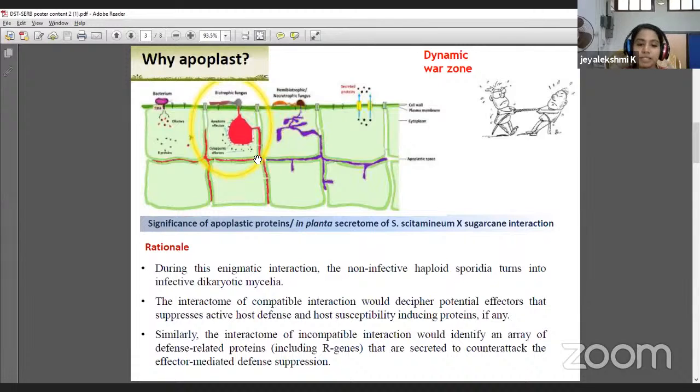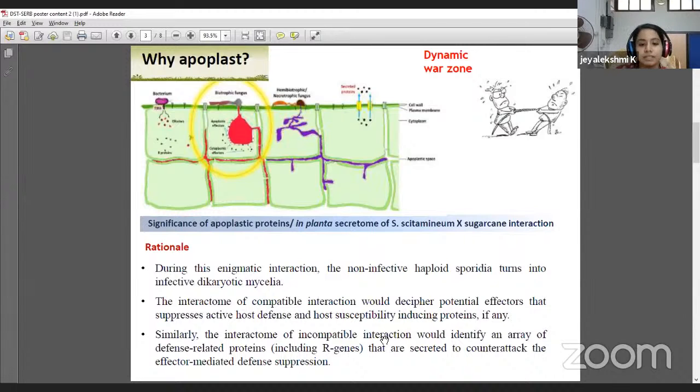So this apoplastic region is the real war zone between these two biomolecular barriers. In order to study the apoplastic proteins, we first have to isolate them to study plant pathogen interactions.